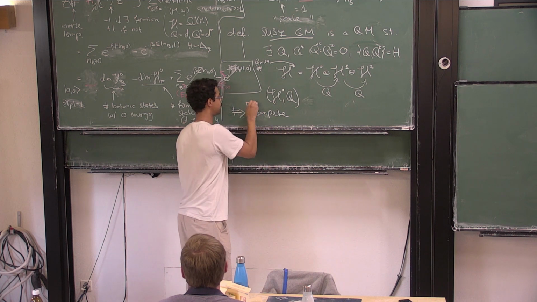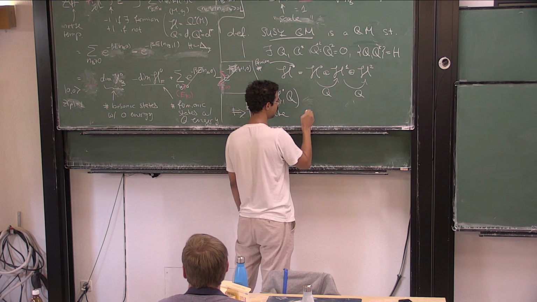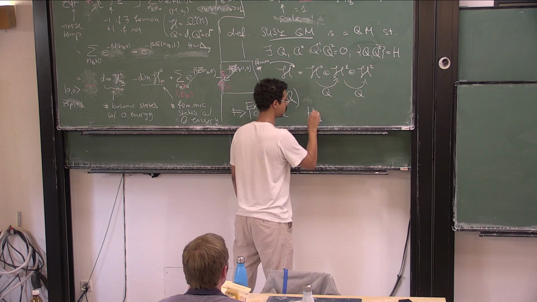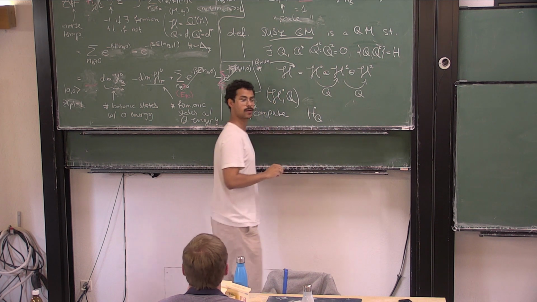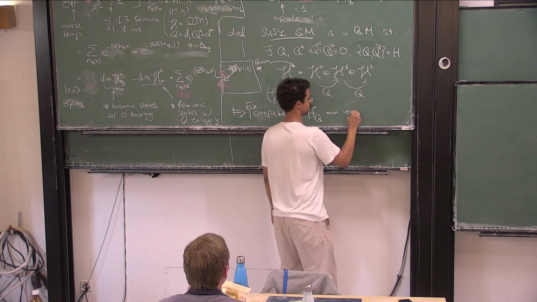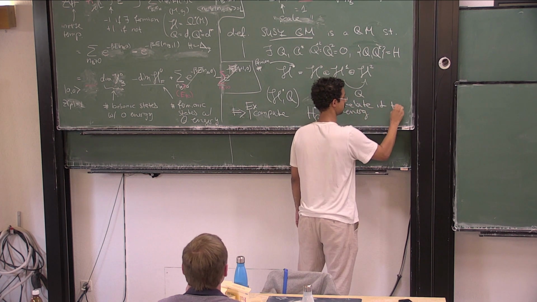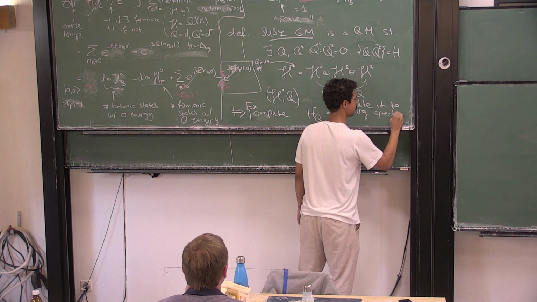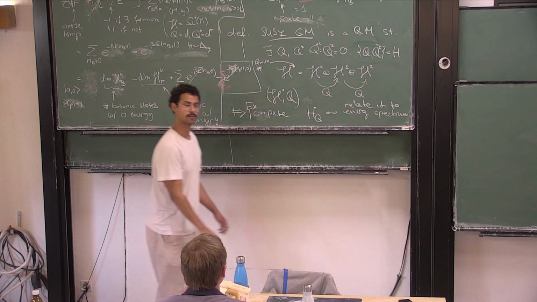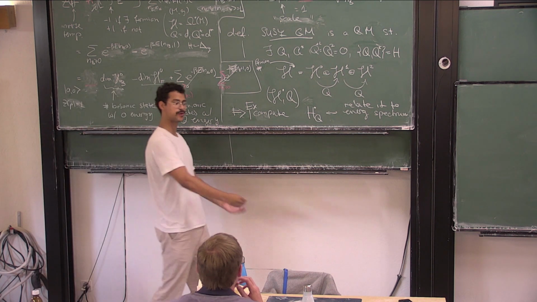Let me put this as a homework exercise: compute the cohomology of Q, and then relate it to the energy spectrum. You'll find some interesting observations, and we can talk throughout the week about this, okay?